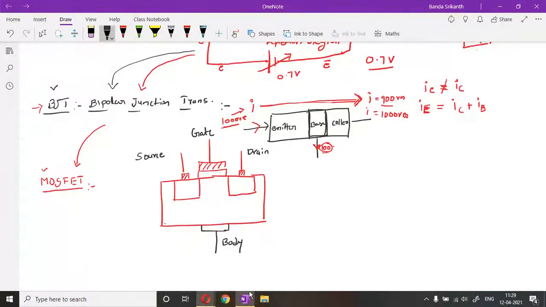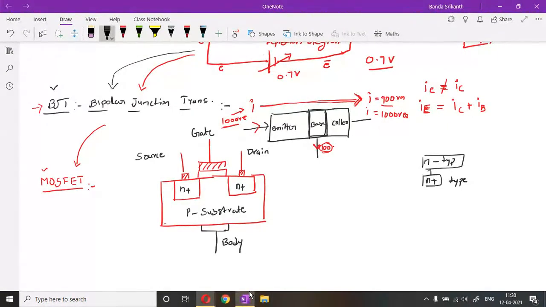This is the P type substrate, and this is the N plus region. What is N plus? N type material means it has electrons as majority carriers. N plus means it has more electrons compared to N type.